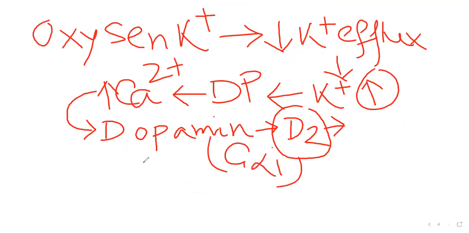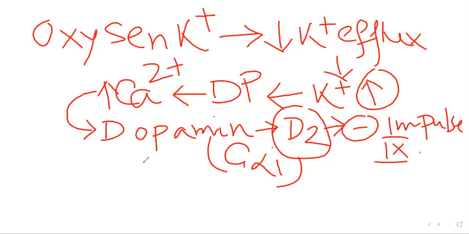Due to this G alpha inhibitory effect, less impulse will be generated from the D2 receptor, and the negative impulse will be carried forward via the 9th and 10th cranial nerve fibers. And these fibers ultimately reach which area? That is the nucleus of Tractus solitarius.